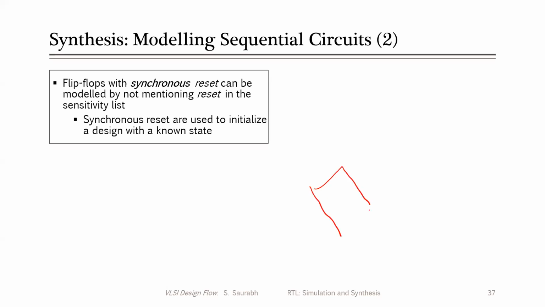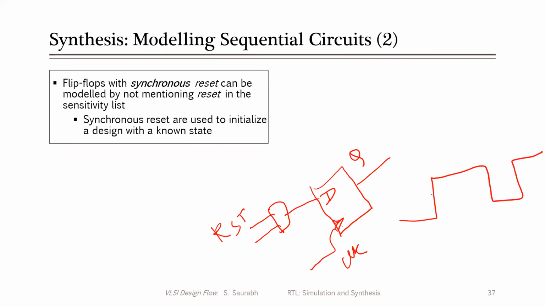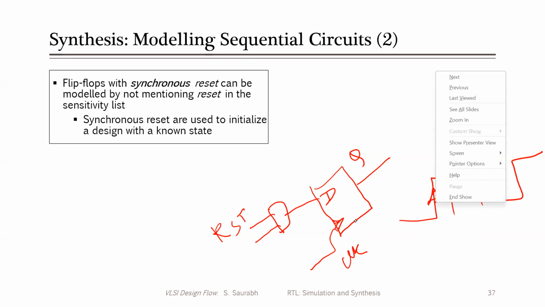If you have a clock and you have an AND gate at the input, and you have a reset asserted, either positive reset or negative reset depending on the functionality, then this D will change and the output Q will always be synchronized with respect to this clock, meaning that the output will change only when the clock edge occurs. It will always change at this edge. It will not change at any other time. So the output will always be changing at the clock edge in a synchronous reset flip-flop.